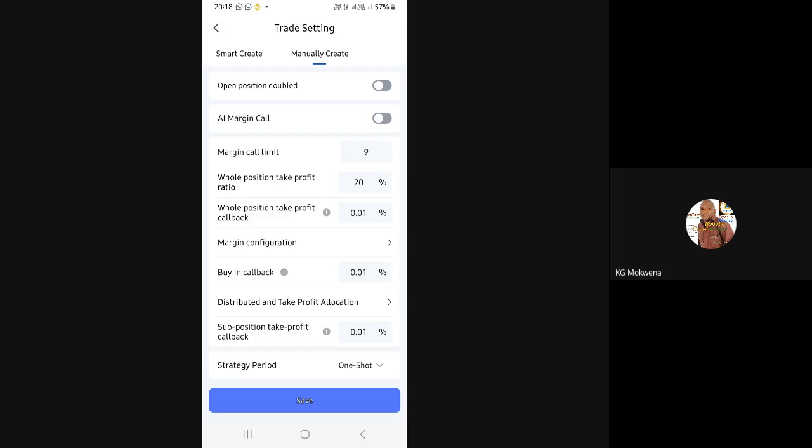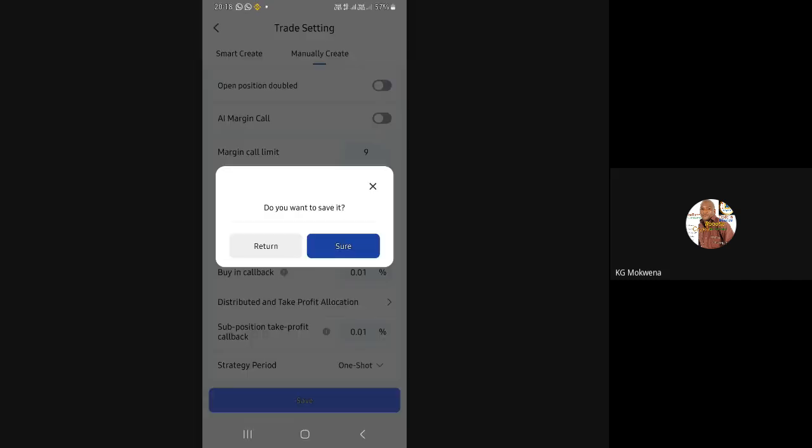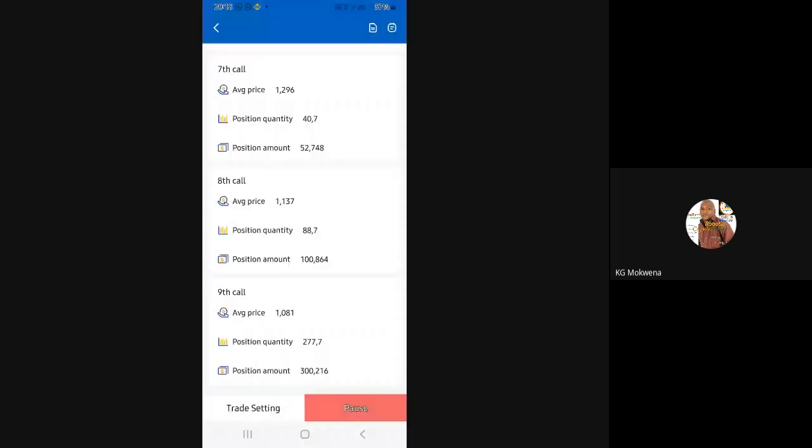So for you to know which position of your margin calls is in profit, you will click on the sub-bin page on the transaction page. That is the page before the settings page. You just move one step back, return, because we're not saving anything. Settings will be as previously.